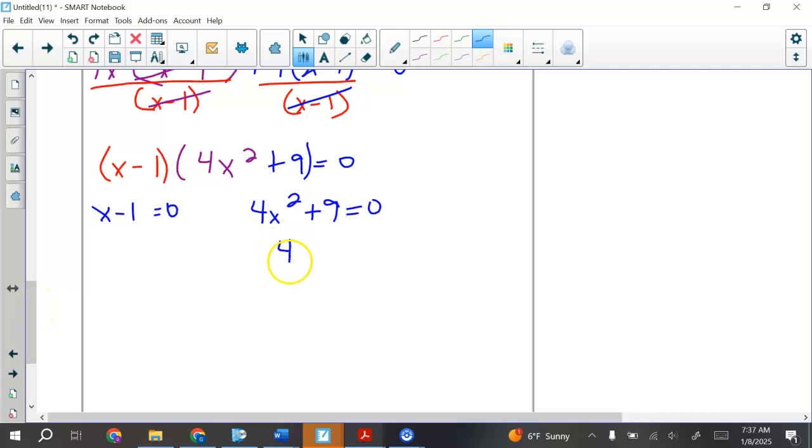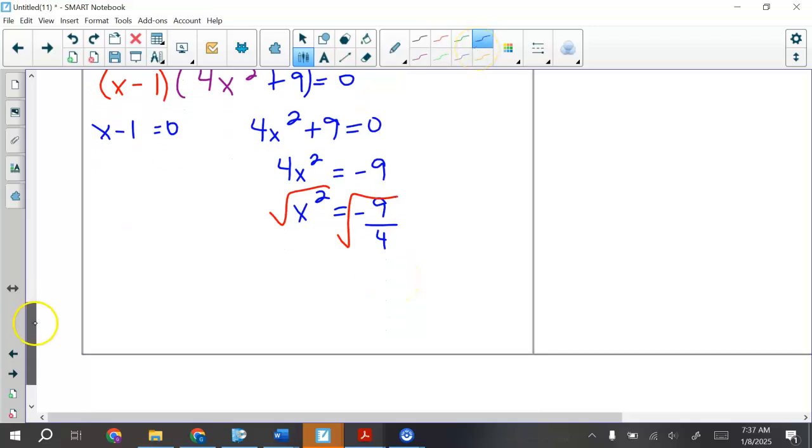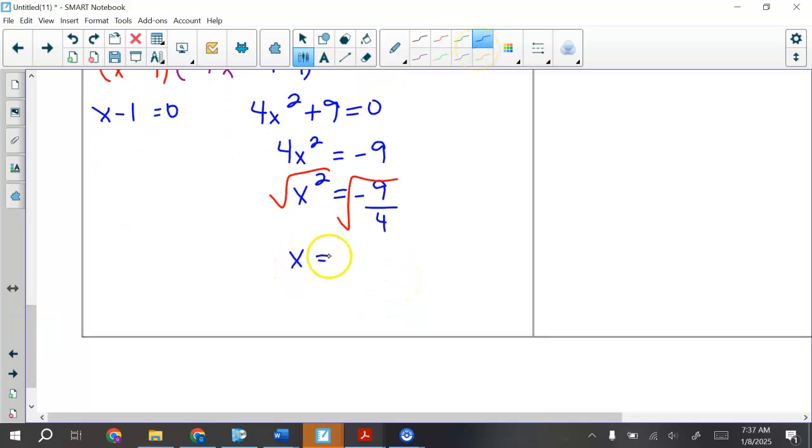All right, here we go. So we're going to subtract the 9, divide by 4, and take the square root. Don't forget, when you do the square root, we need that plus or minus. Now that negative I can pull out front, and then I'm going to do the square root of 9 over the square root of 4.